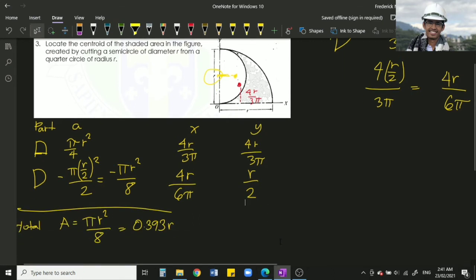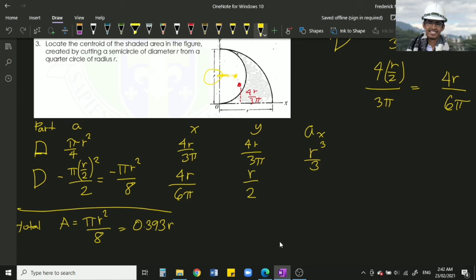So, doon na tayo sa ax and ay. Okay? So, for ax, multiply lang natin to. Pi over 4 r squared times 4r over 3 pi. So, you can input na lang ito sa inyong calculator. So, with respect to r. So, that will be, ang lalabas dito will be r cube over 3. Okay? And for the semicircle, so that will be negative pi r squared over 8 times 4r over 6 pi.